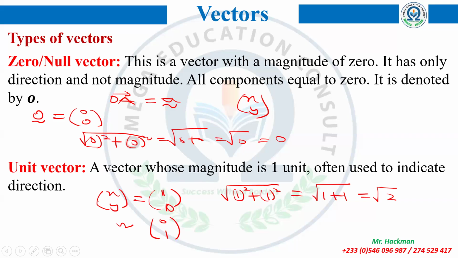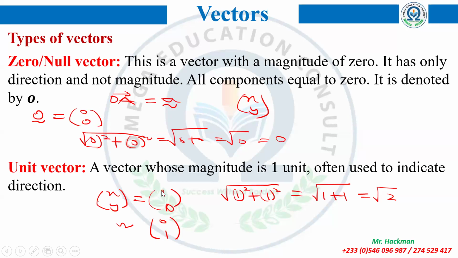So a vector whose magnitude is 1 unit, and is often used to indicate direction, is a vector which we call a unit vector. However, remember, a null vector or zero vector, all the entries will be 0, and the 0 is coming from the fact that we have a zero vector.